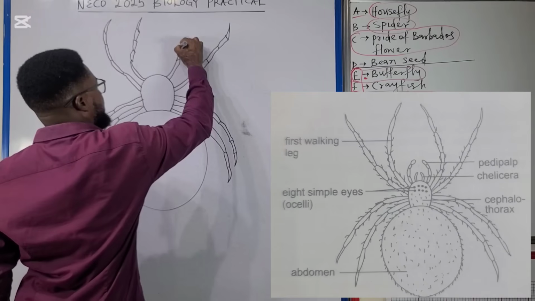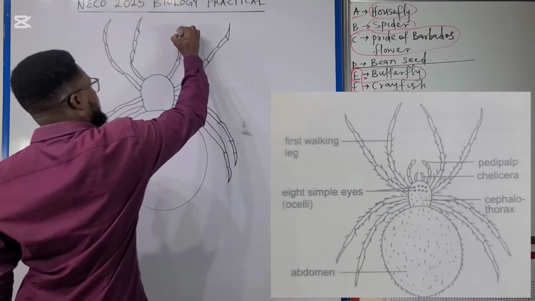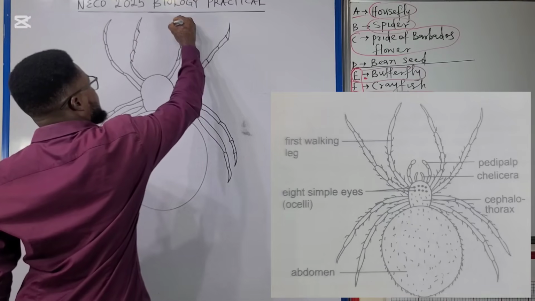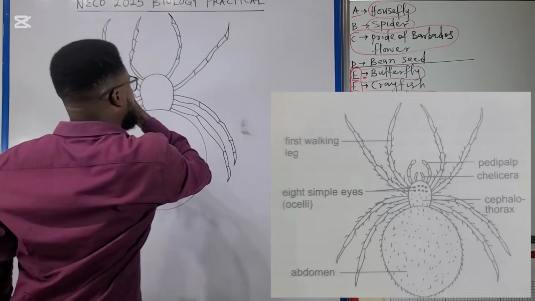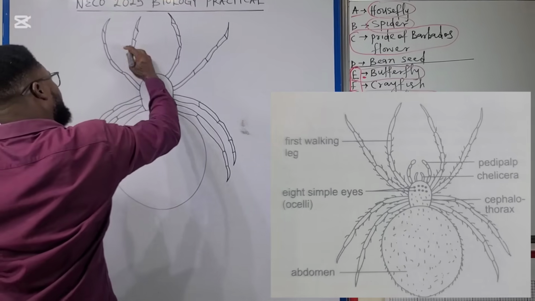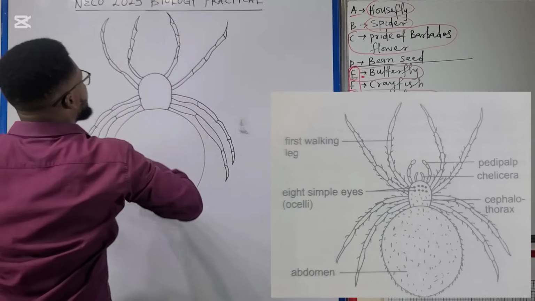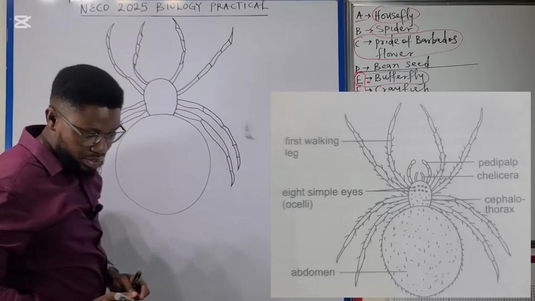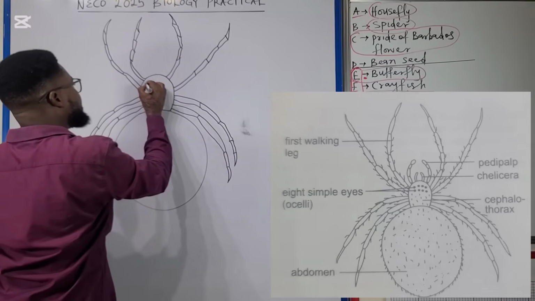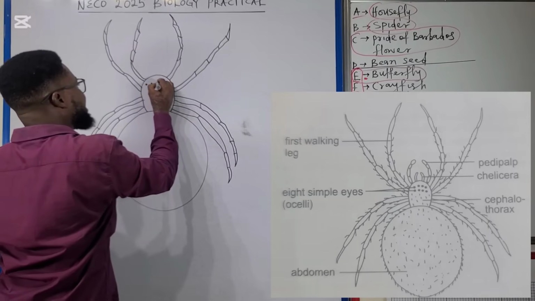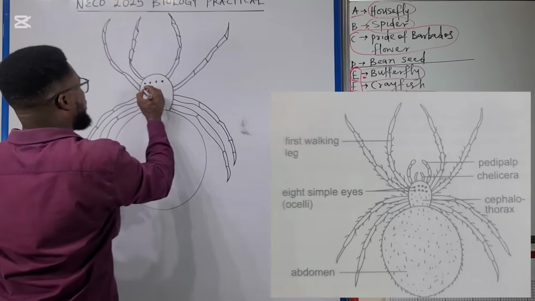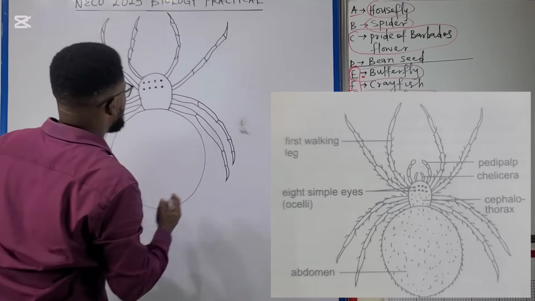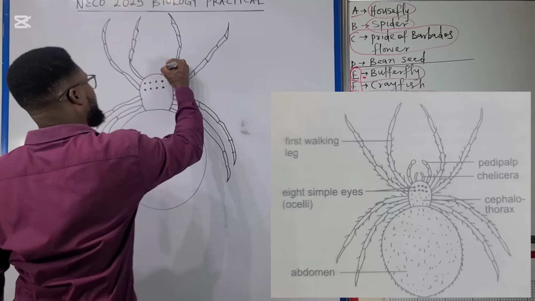And then the last pair should be towards the inside, and then of course, okay. So we have this, and that is just about the appendages. Next up, we have about 8 ocelli. That's 8 simple eyes, 4 on each row. Okay, and the next is the pedipalp.